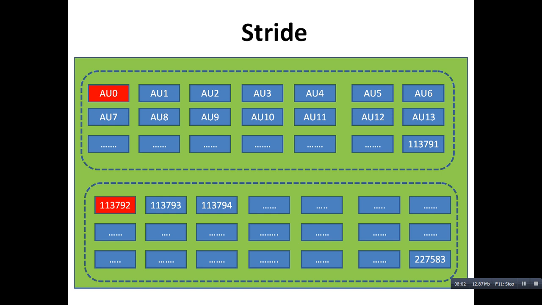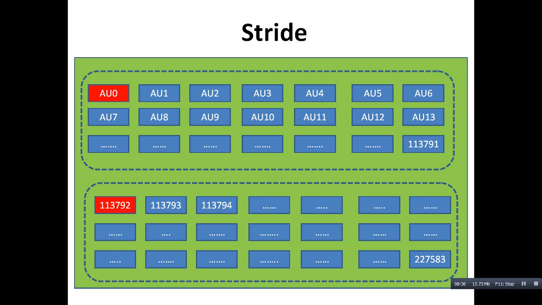So in the first allocation table, with an allocation unit size of 1 MB, we can have a stride size of 113,792. If we have more allocation units than that, then allocation unit 113792 is the allocation unit that has the free space table and the allocation table.